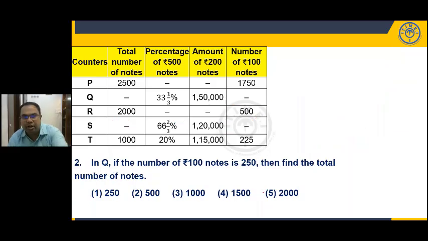All of you, next question. Try this one. Second question. All of you try this. Again, I am starting the timer. Try this one.